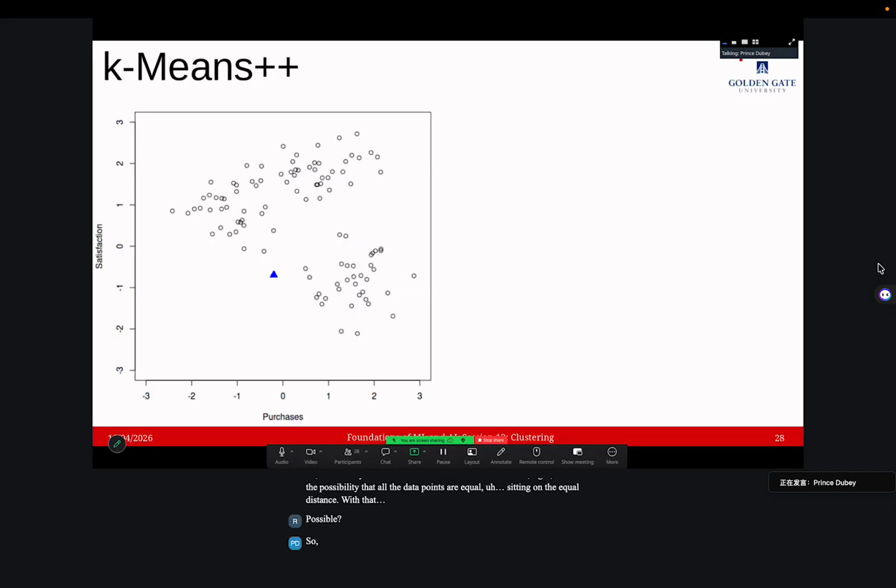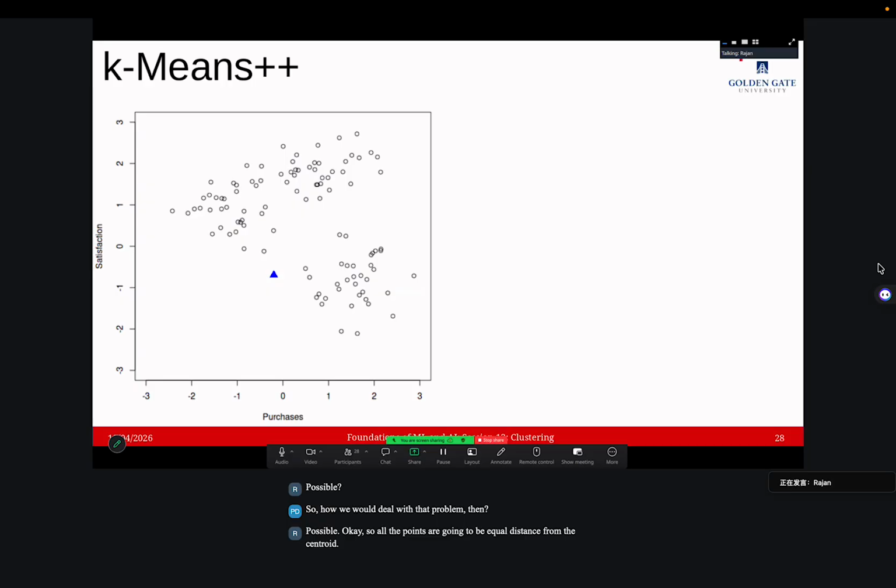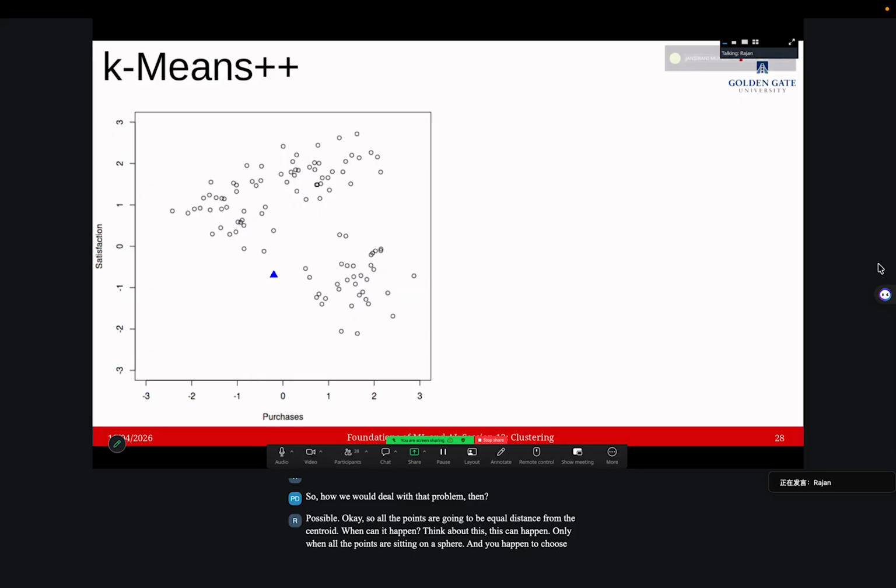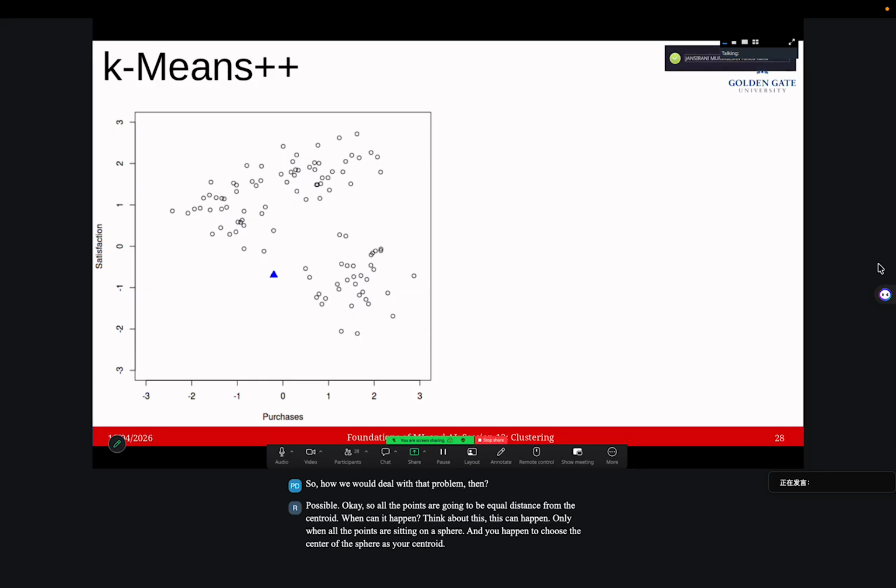So how would we deal with that problem then? Okay. So all the points are going to be equal distance from the centroid. When can it happen? Think about this. This can happen only when all the points are sitting on a sphere, and you happen to choose the center of the sphere as your centroid. Otherwise, it's not at all possible.